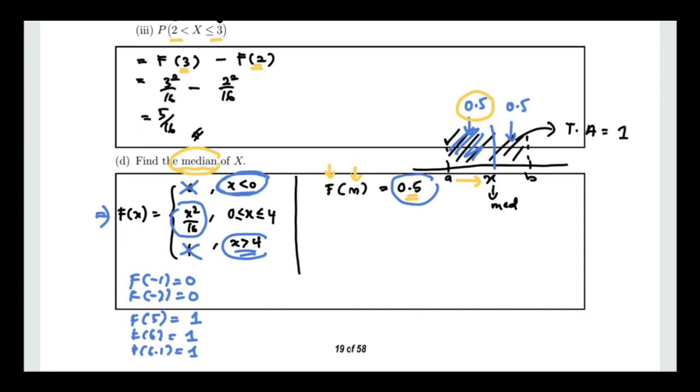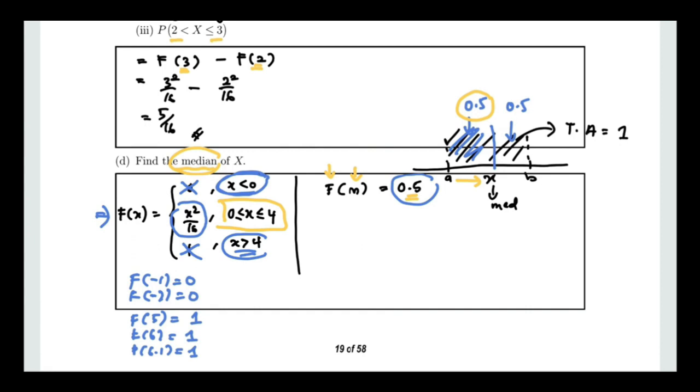So the x that we want to find should be in between 0 and 4. It could be 0.1, 0.2, 2, 3, any x in that range.